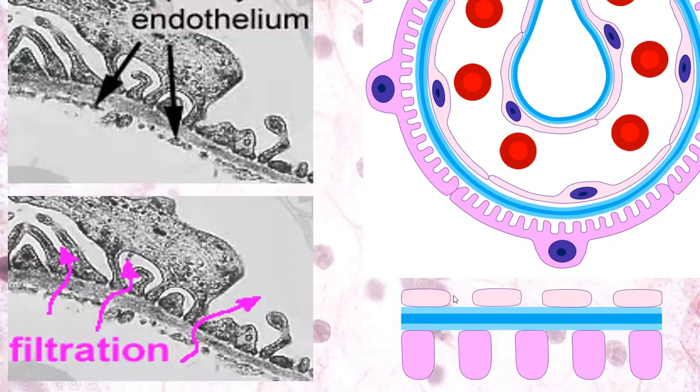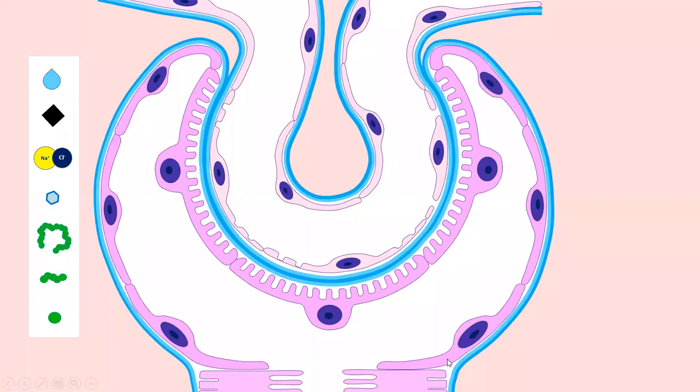Here we can see endothelium with pores, the common three-layered basement membrane, and small processes of podocytes, and between them we have special diaphragms which close these spaces, and they provide selective filtration of blood plasma and formation of primary urine. And here we can see a capillary loop, the urinary space of Bowman's capsule and its filtration barrier.